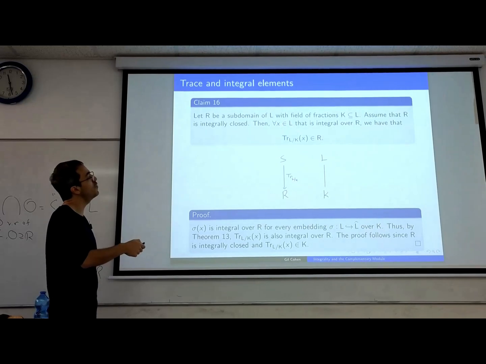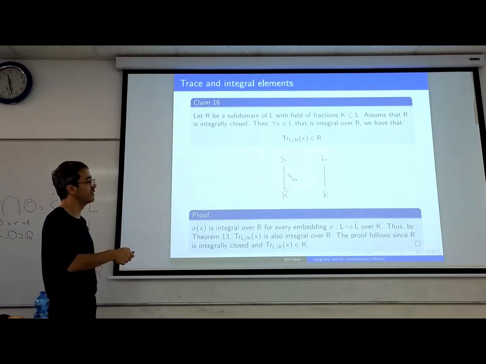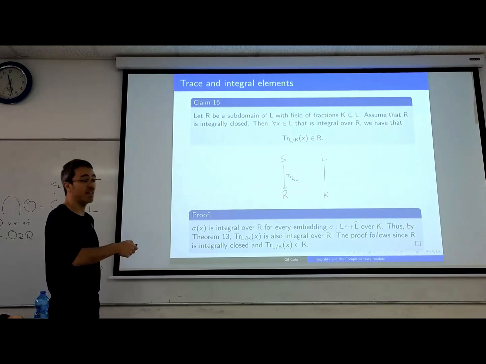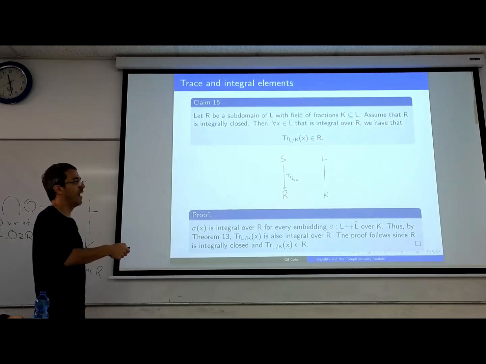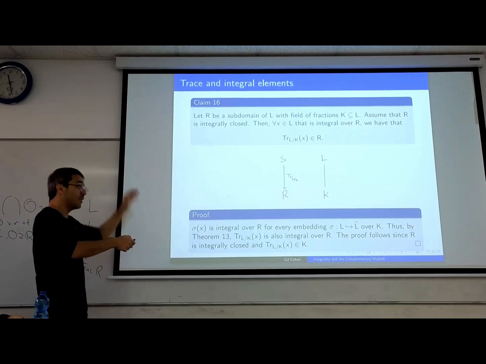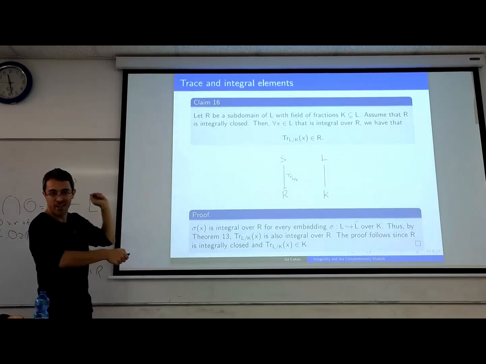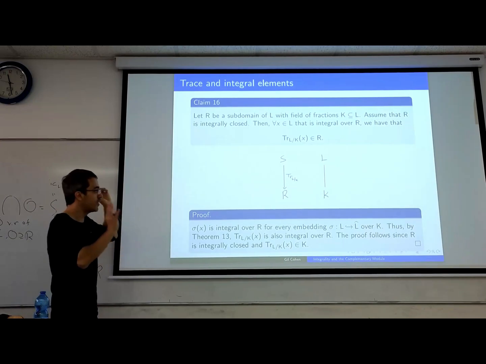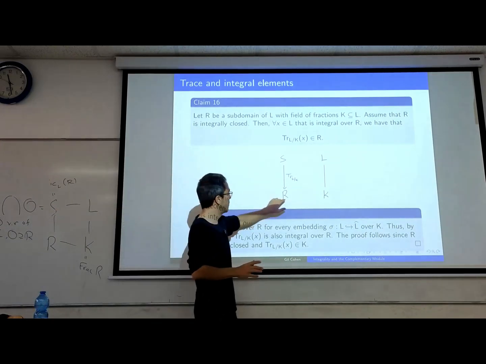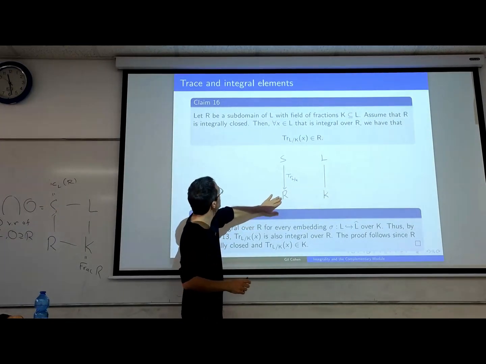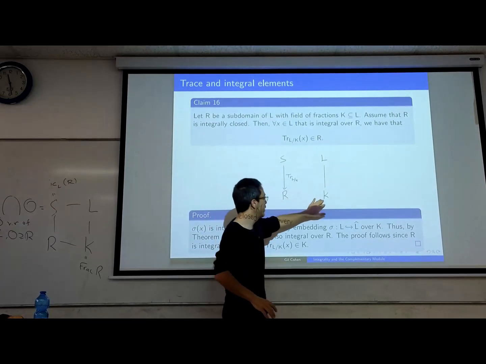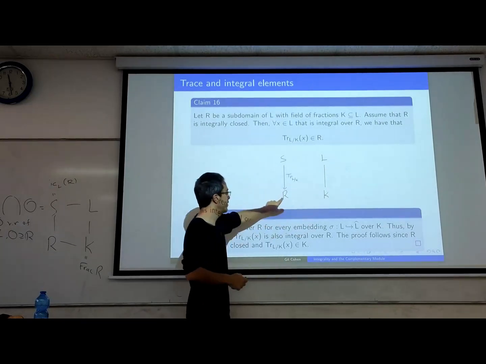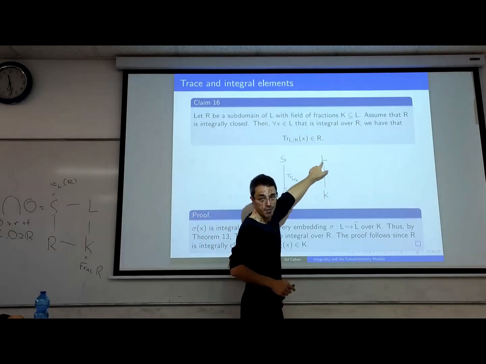Then what I'm saying is that if you take an element in S, namely an integral element in L over R, and you trace it down using the L over K trace, there is no S over R trace, it will go to R and not to some element in K. So think of R as a valuation ring, the function field and some function field extension.